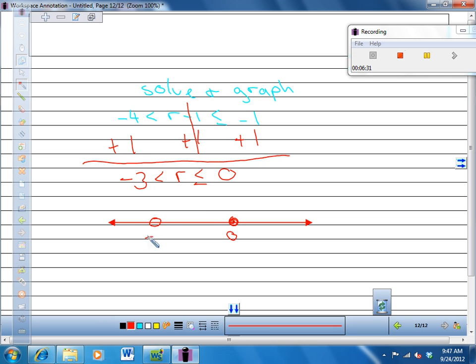Open. And there's where my negative 3 goes. And then you shade in between. I'm going to shade in yellow. So this is your solution right in there. And you can put an R here to indicate that that's the solution to this problem.